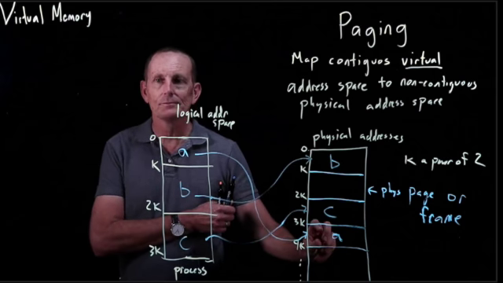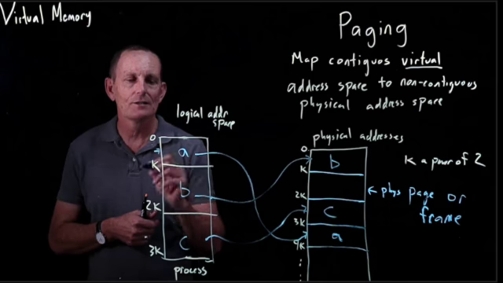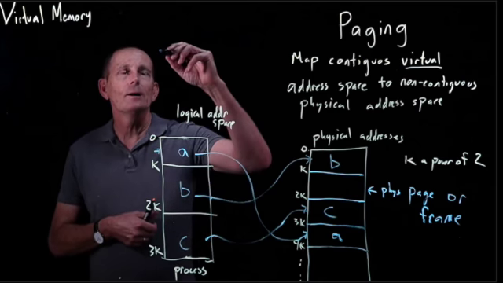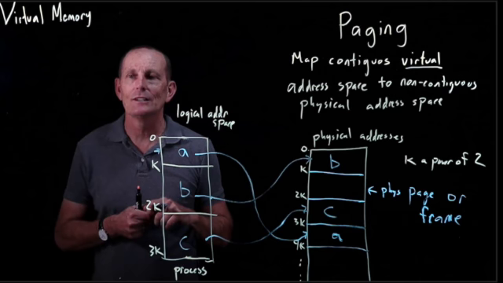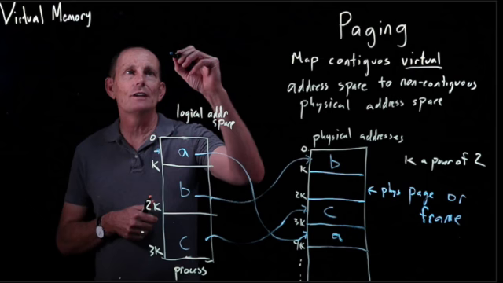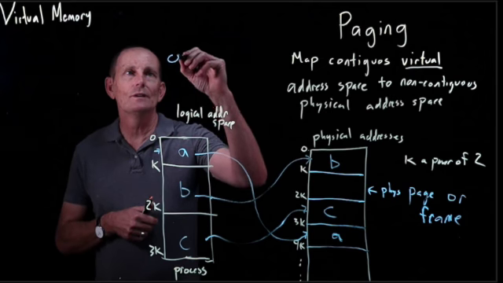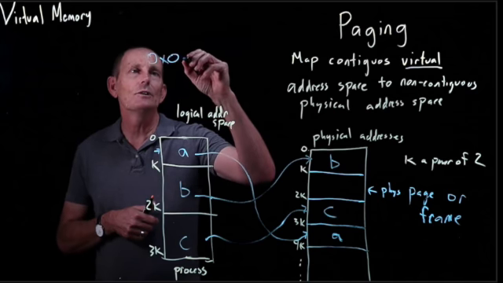here. If we look at some address here, let's say K, just to make it simple, is 256. So we've got pages of size 256. And we have here the address, in hexadecimal, 0x0072.